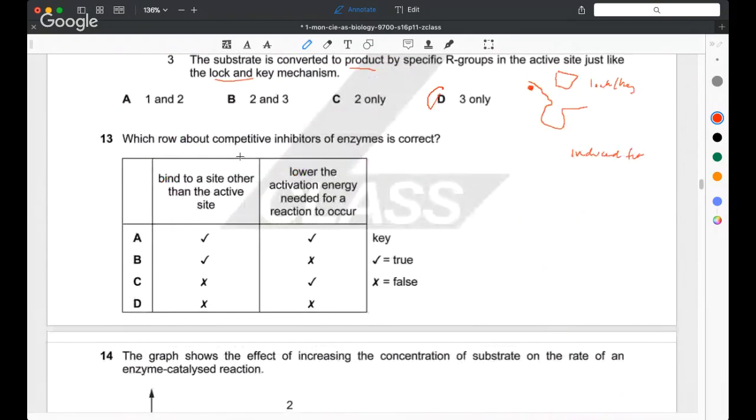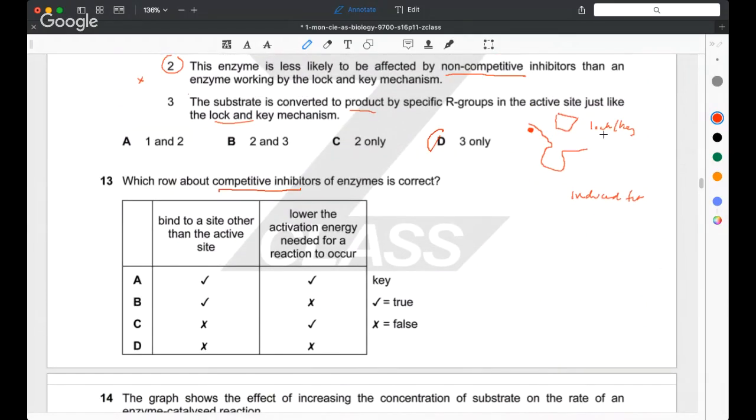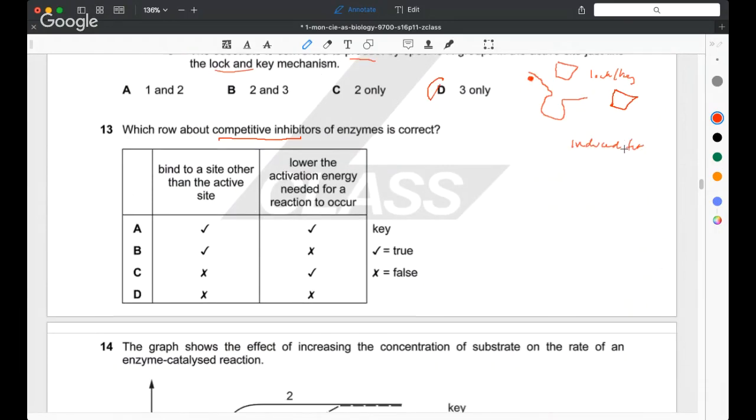Okay, so now question 12 was about non-competitive inhibitors. Competitive inhibitors, then, are going to be competing for the active site with the substrate. So a competitive inhibitor will have a similar shape to the substrate. It's going to be competing for the active site.